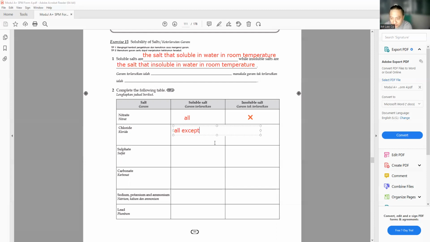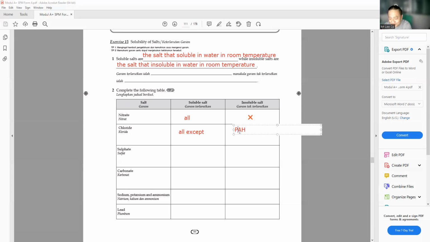All chlorides are soluble except this one. Give me 3. PAH. You have to memorize, no choice. If you don't memorize this, you're finished, there's no way around it. I cannot help you, right?